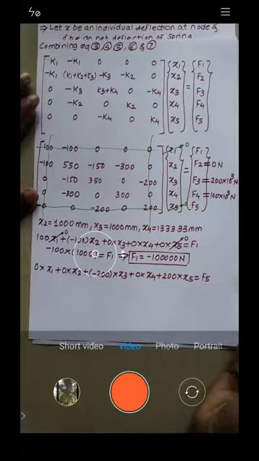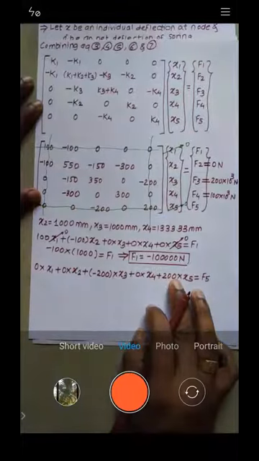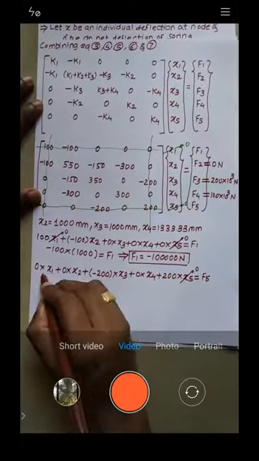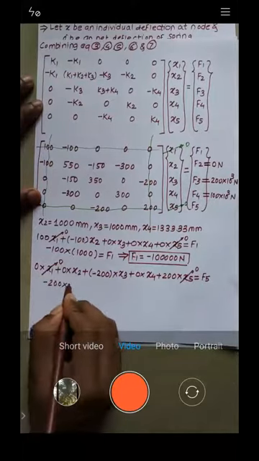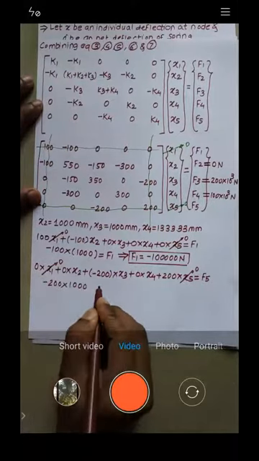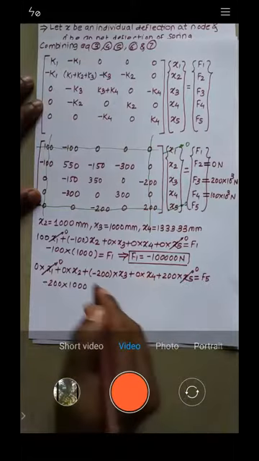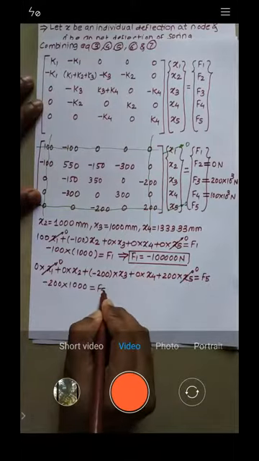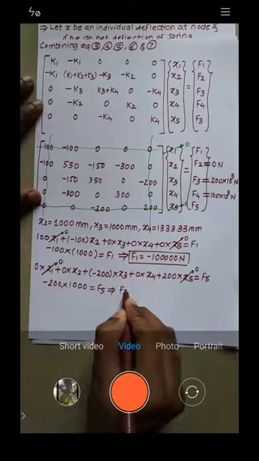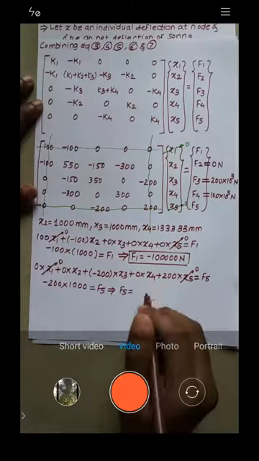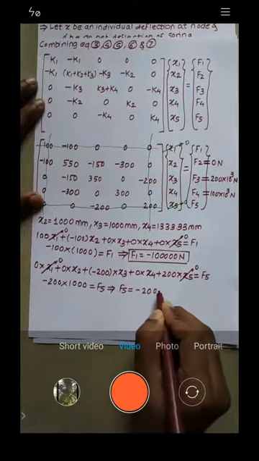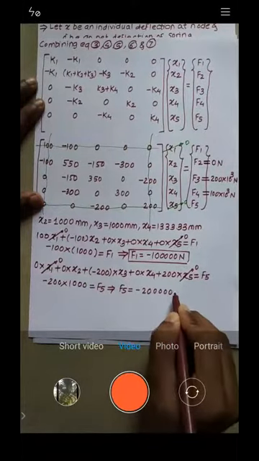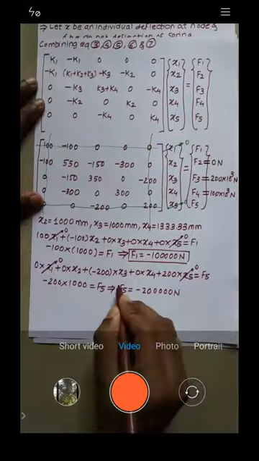All of you see, X5 is already 0, and X1 is already 0. What is remaining is minus 200 into X3, and X3 is 1000. So what value of F5 are we getting? We get a negative value.